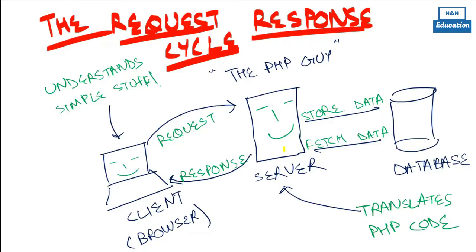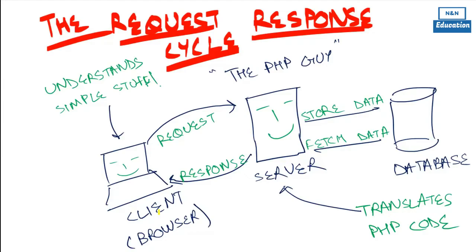Although this entire thing happens at different places, you have the client at your end, and then there is a server which could be at any place. I mean, you could be accessing a web page from China, and the server could be in the US. So the translation of PHP code happens in the US, and you see the output of it in China.